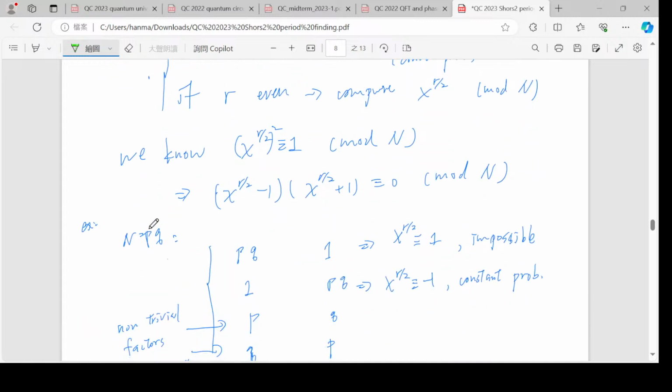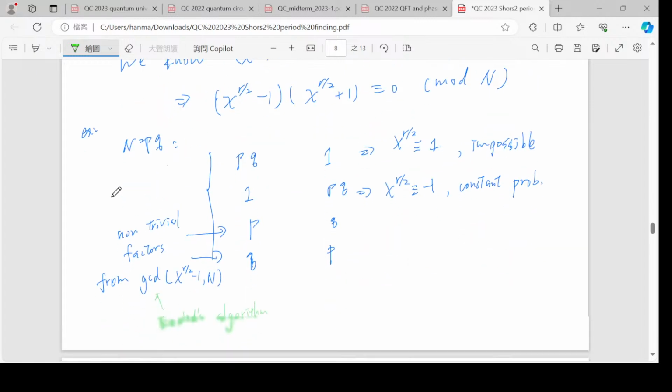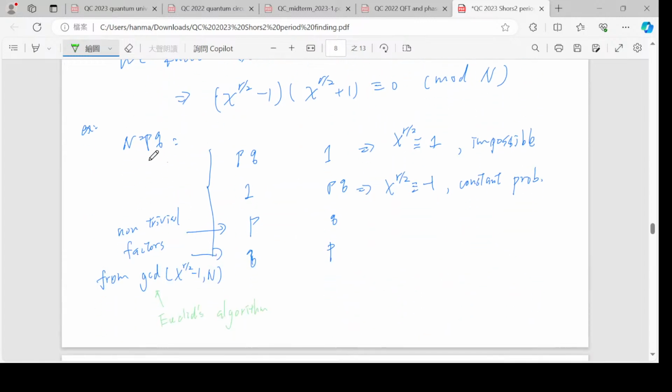Then we do this interesting formula. We move 1 over to this side of the equation and factor it. Then we see x to the r over 2 minus 1 times x to the r over 2 plus 1 equals 0. Now think about n equal to some pq. Remember, we want to factor n.